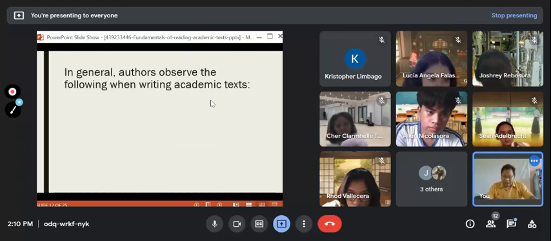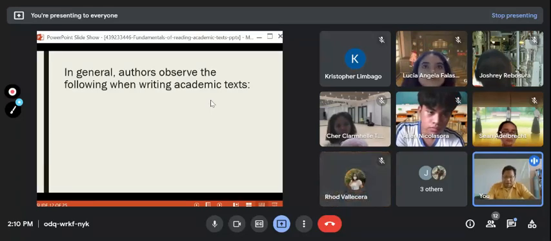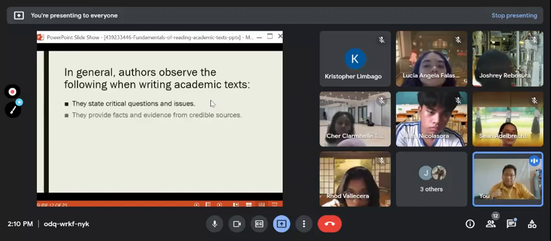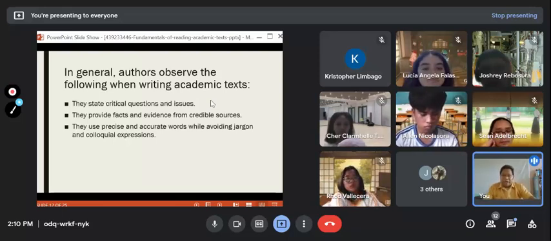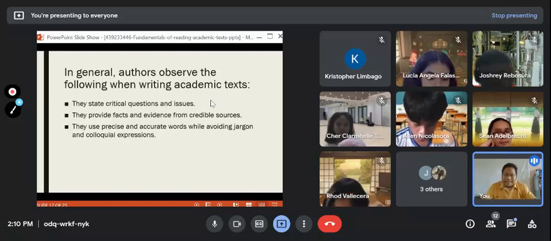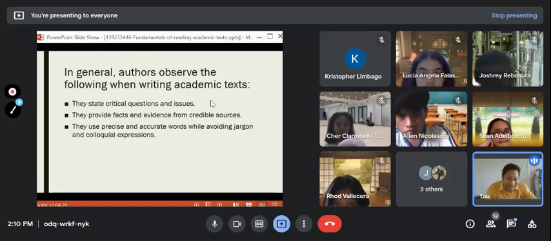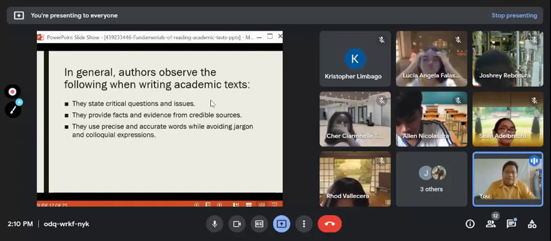In general, authors observe the following when writing academic text. They state critical questions and issues, provide facts and evidence, use accurate and precise words, avoiding jargon and colloquial expressions, because the danger with jargon is that it's not exclusively to be understood by many, or it just might appear not as formal as how that academic text should supposedly appear.